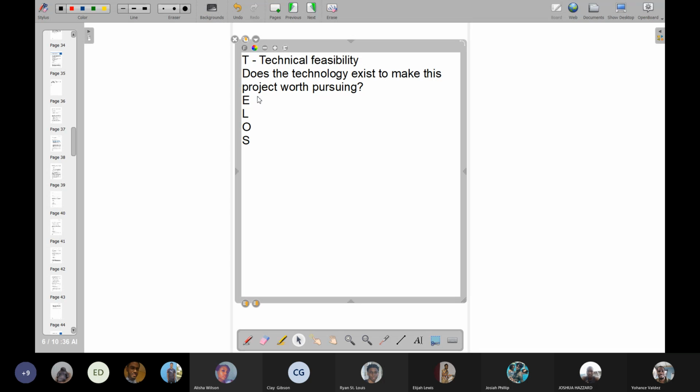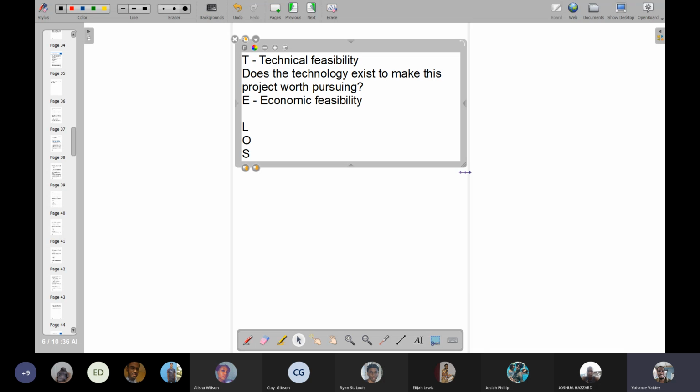The next one is economic feasibility. Right? Economic feasibility. And what does this ask? Economic feasibility considers the cost. Okay?